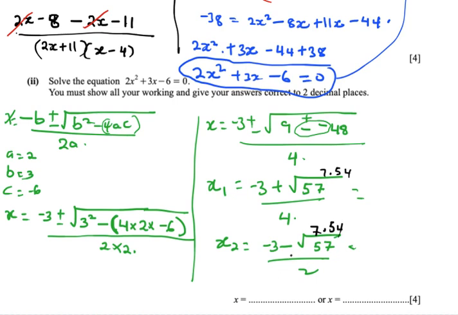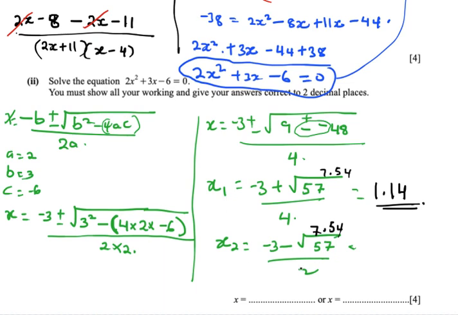Okay, so now we can work it out. So negative 3 plus 7.54. Have to be careful not to make mistakes. So our final answer here is 1.14, since they said 2 decimal places. And then our next part will be negative 3 minus 7.54.